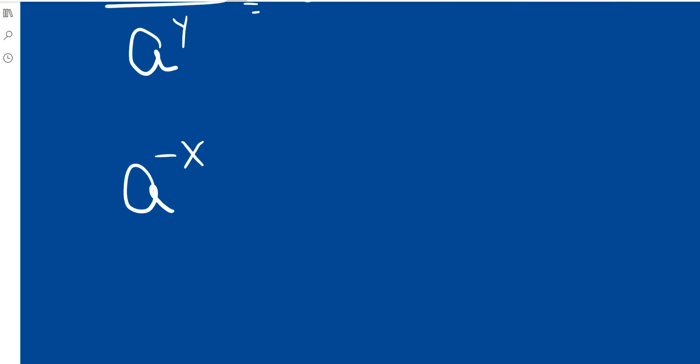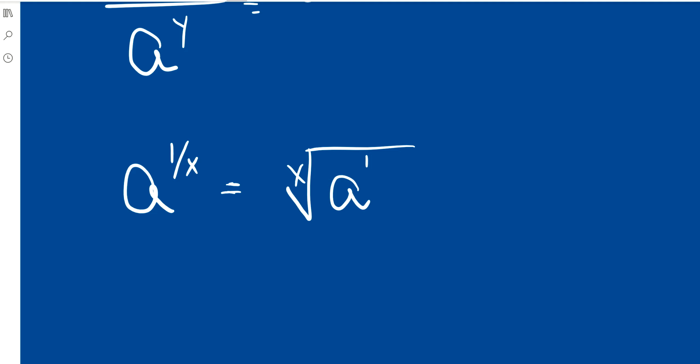No, I take that back. I want my fraction here, and that's going to be a raised to the 1 over x, which is going to equal the square root, or the x root, of a to the first power. Okay, and you really don't need the 1 there as the exponent of a.